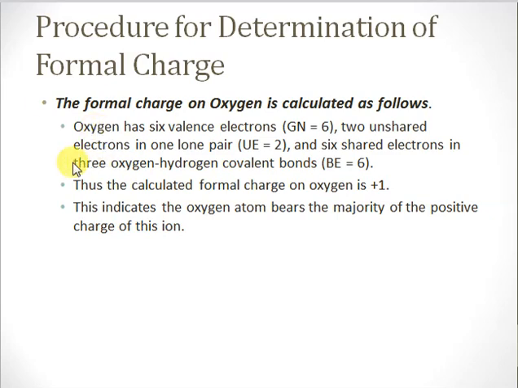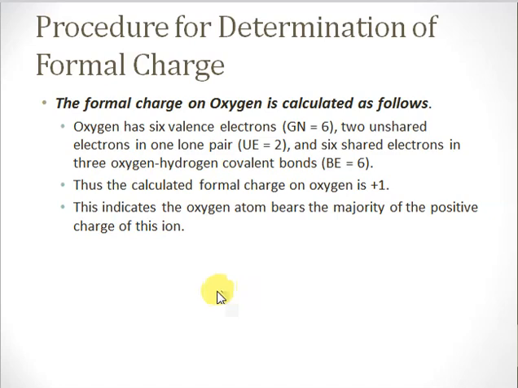Remember that each bond has 2 electrons. The 3 bonds will have 6 electrons, and we have to take half of 6, so that becomes 3. So the answer is 6 minus 2 minus 3, which is 6 minus 5, and that becomes 1.